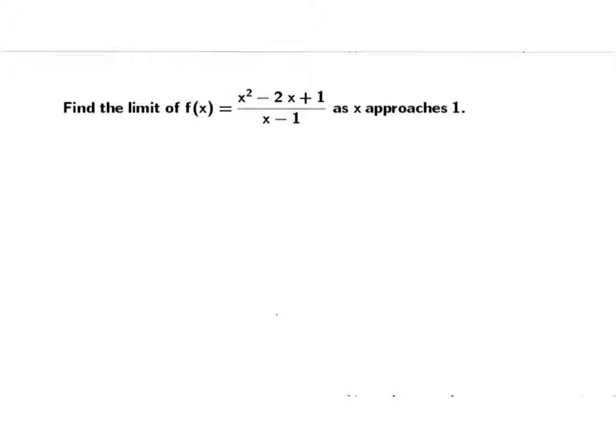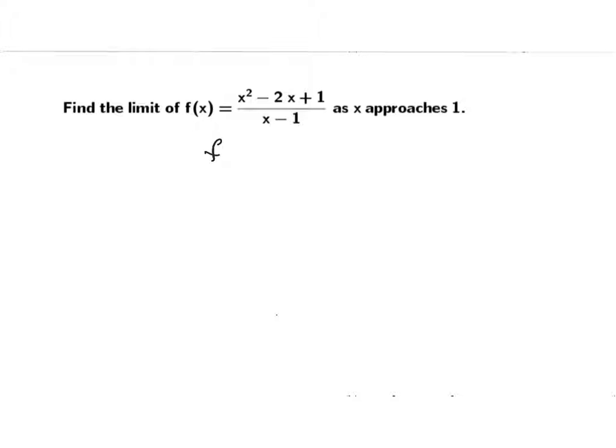Our final example in this episode is to find the limit of f of x as x approaches 1 of the rational function quantity x squared minus 2x plus 1 over quantity x minus 1. So let's try step 1. Let's plug 1 into the function.